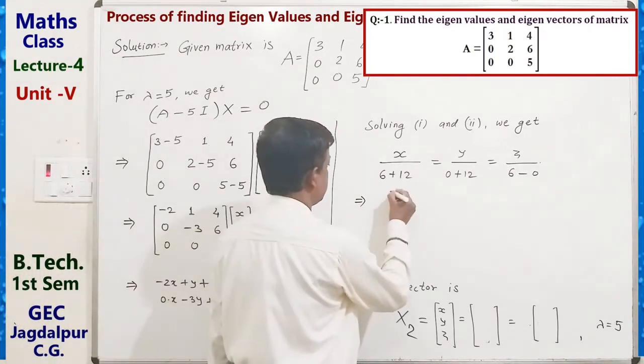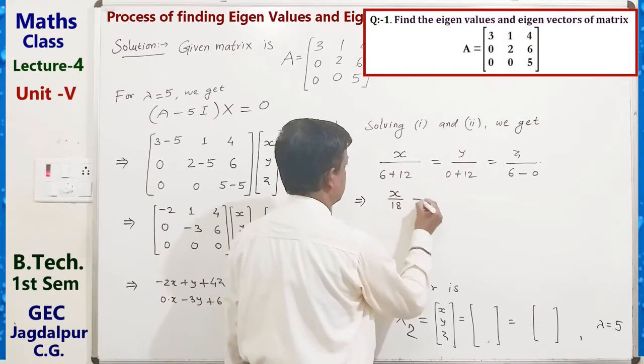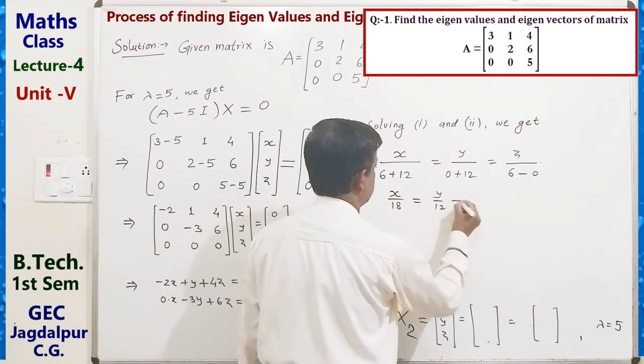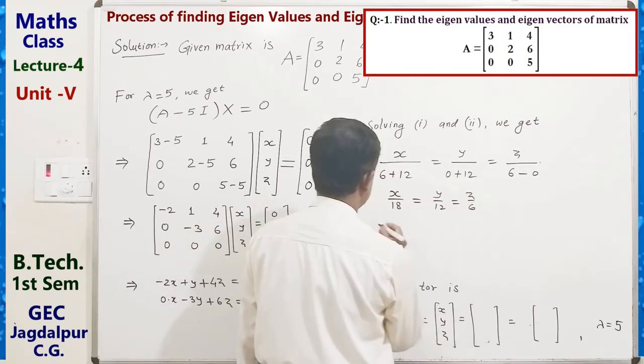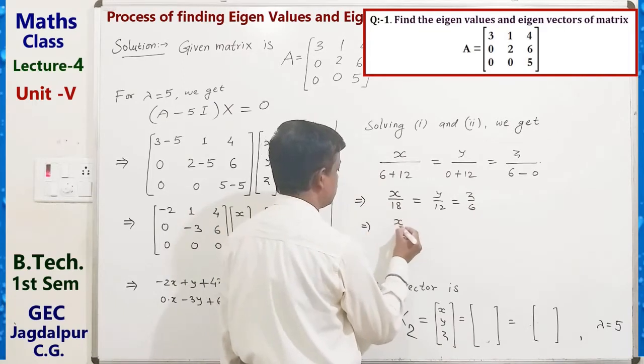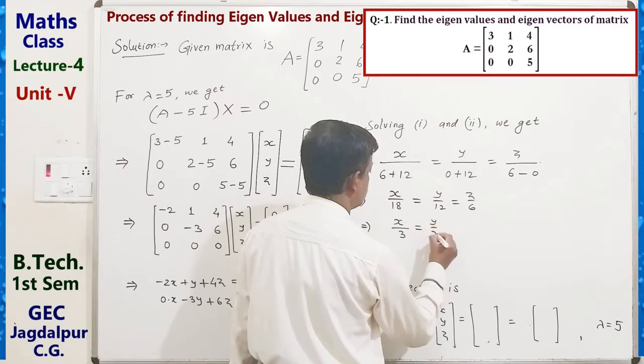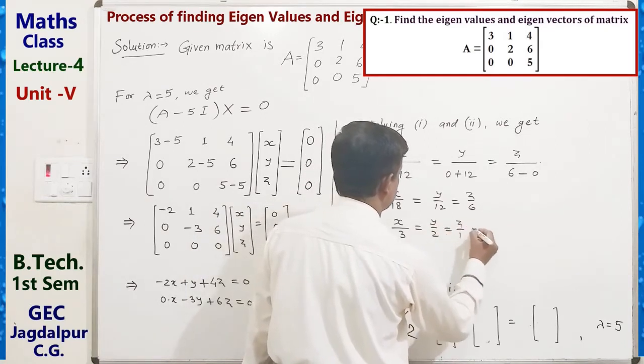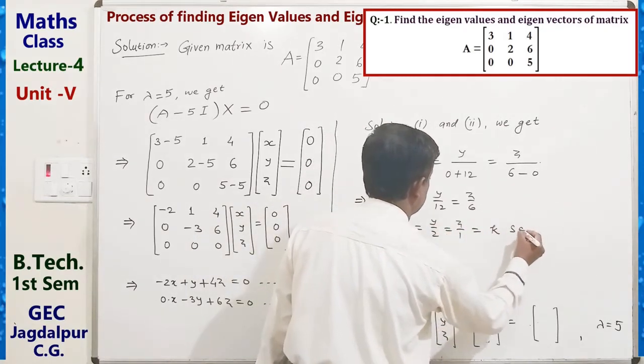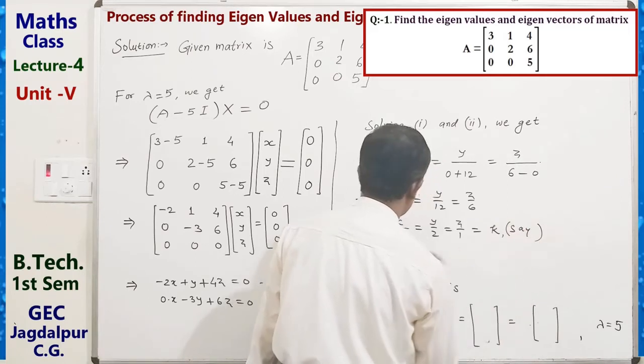So x by 18, y by 12, z by 6. So dividing by 6, 3, 2, 1 equals k. Okay.